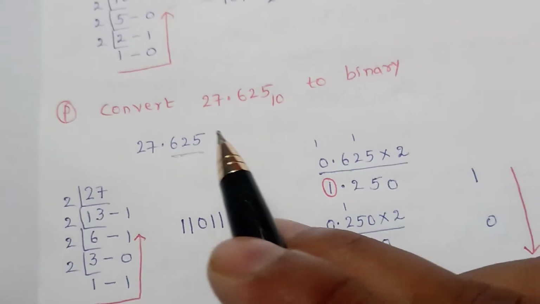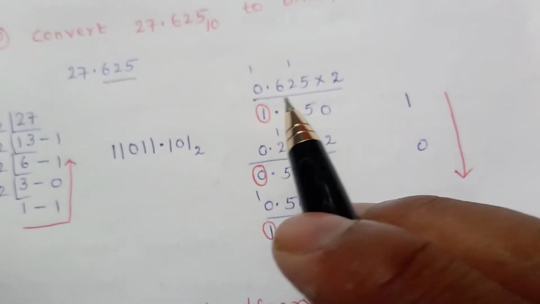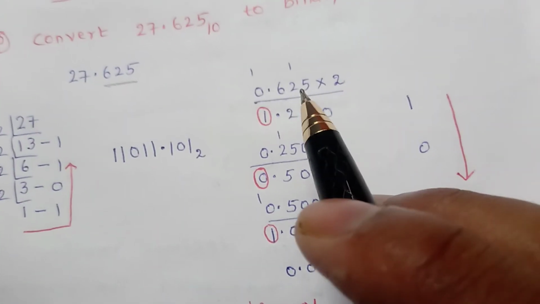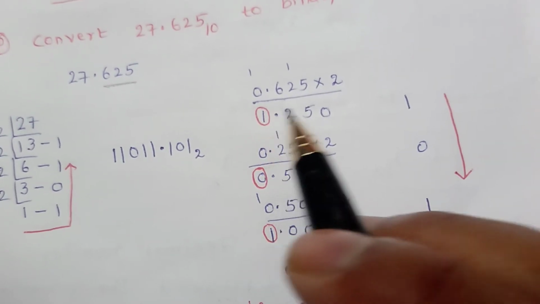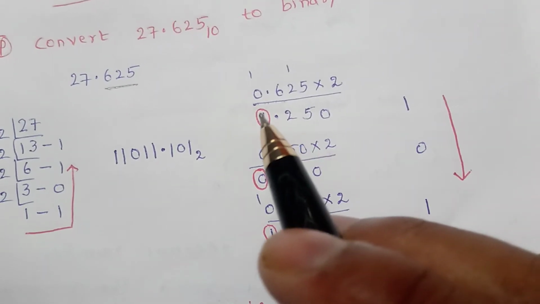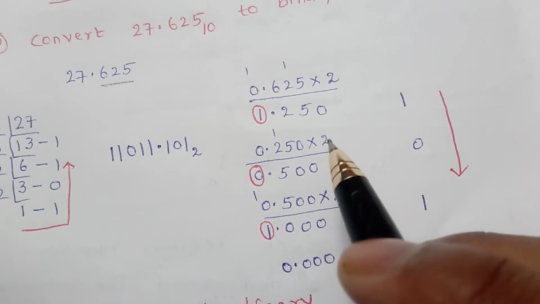Now coming to the fractional part, which is 0.625. Now we have to multiply the fractional part with the given radix. 0.625 into 2 is 1.250. Take this integer outside and multiply the remaining product once again with the given radix.